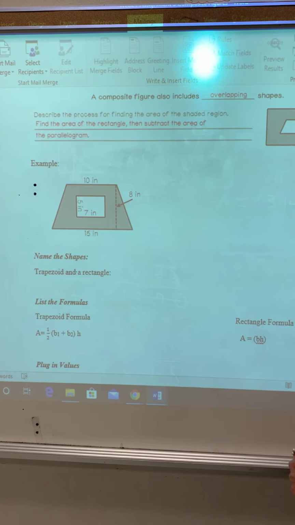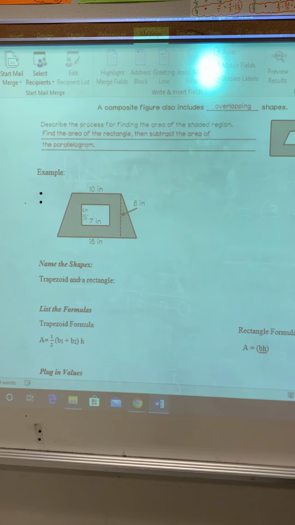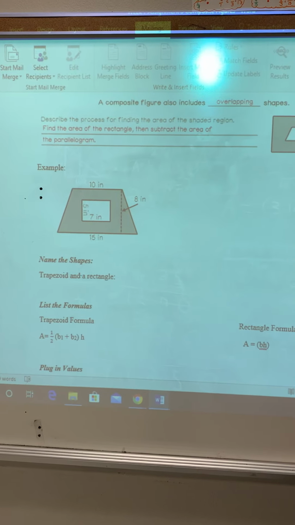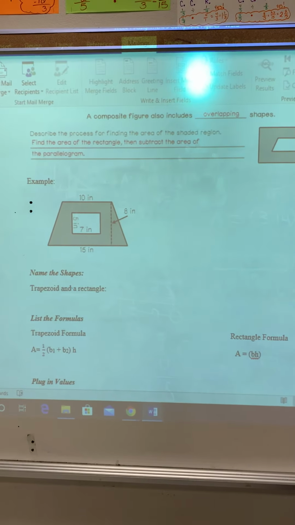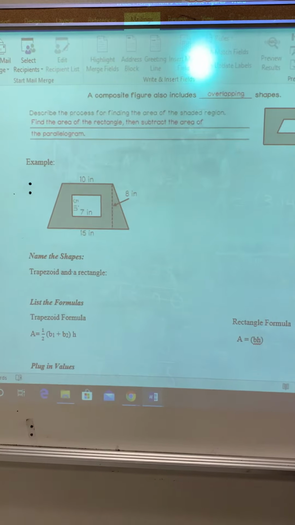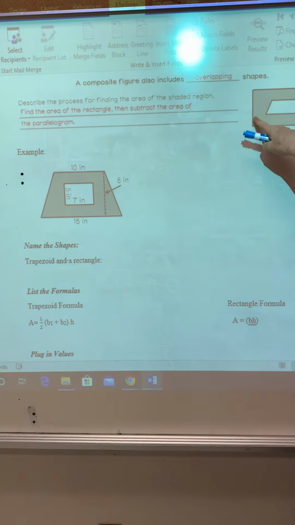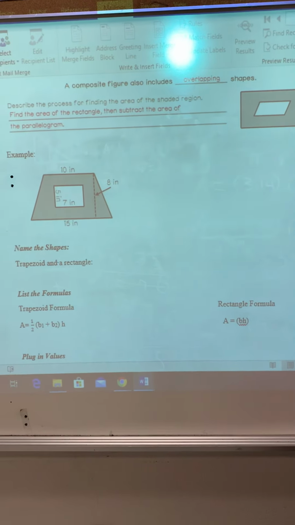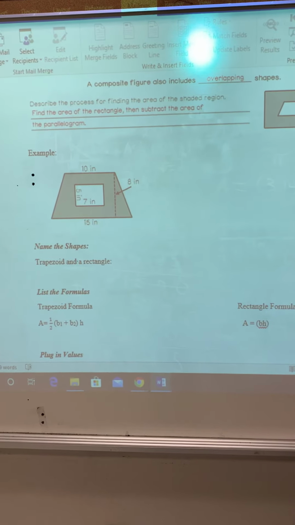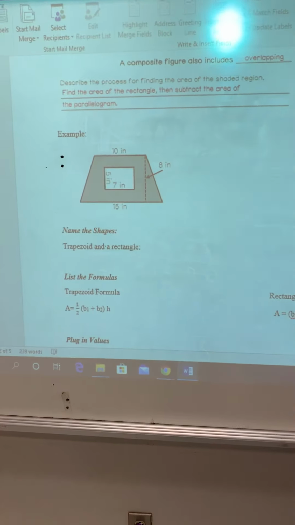So over here it says a composite figure also includes overlapping shapes. Describe the process for finding the area of the shaded region. Well, this is how we would do it. We're going to find the area of this rectangle first, and then we're going to subtract the area of the parallelogram. And let's take a look at how that would be working out.